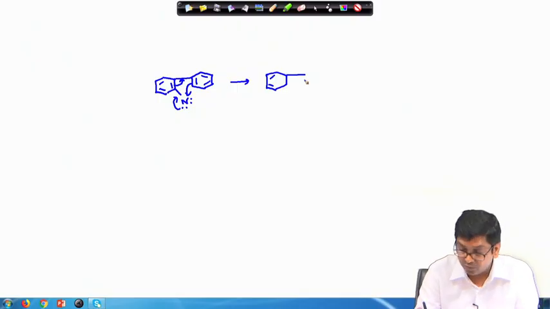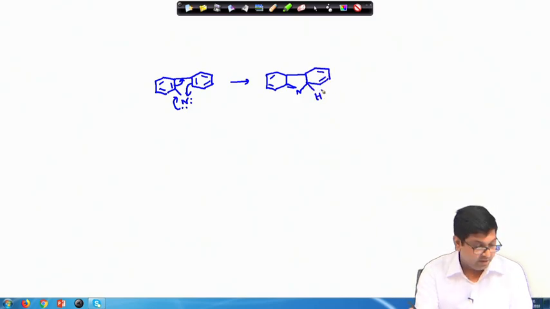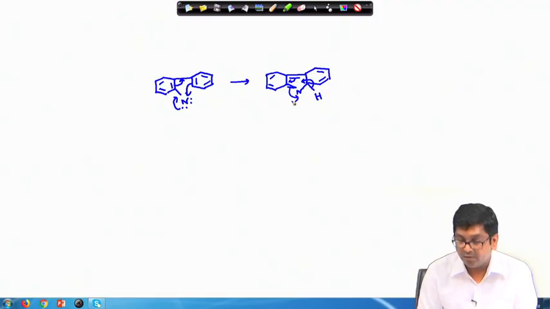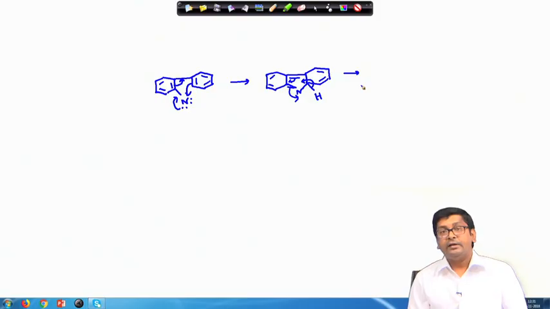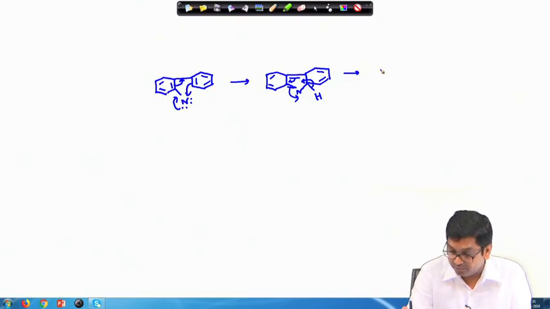Sorry, it is happening in this stepwise way. Okay. Now, finally it will give you a very important heterocycle, that is called carbazole.